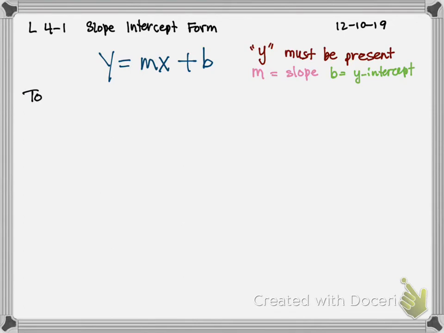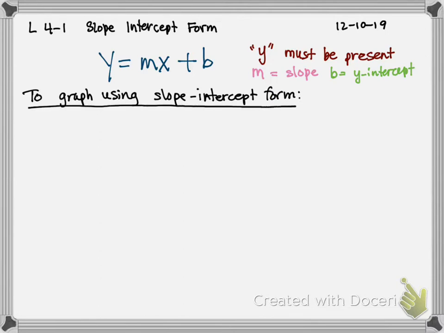To graph using slope-intercept form. First things first, we're going to take that b value, the y-intercept, and we need to write it as an ordered pair, because we want to graph it.